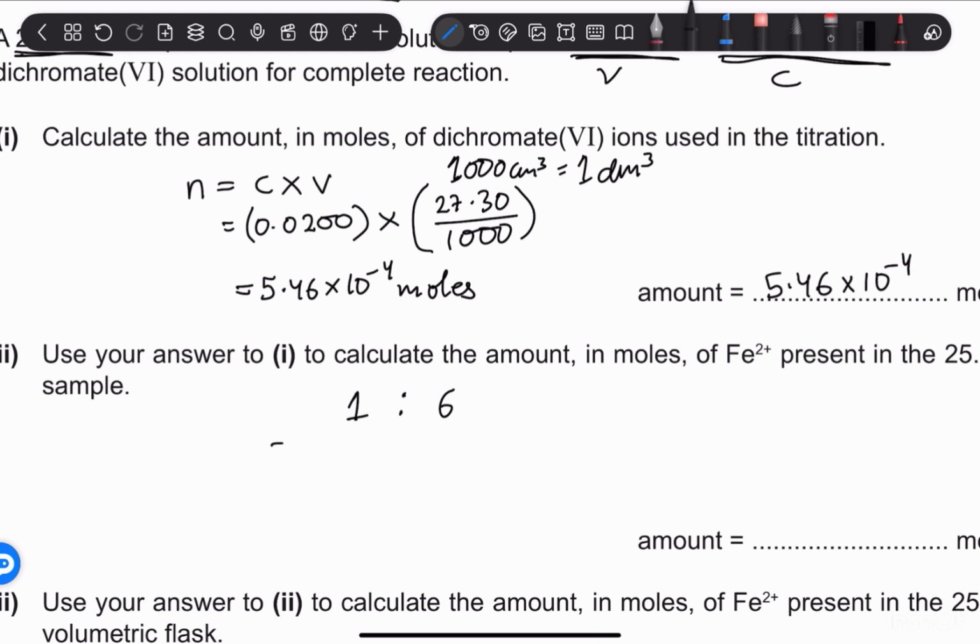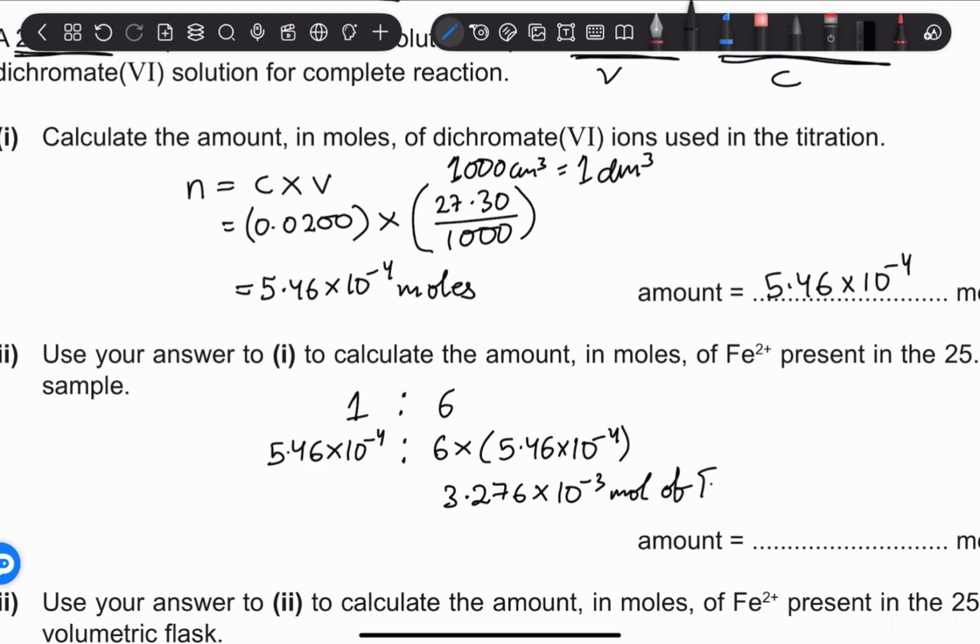So if we have 5.46 times 10 to the power minus 4 here, over here we're supposed to have 6 times that amount. What we get is 3.276 times 10 to the power minus 3 moles of Fe2+.